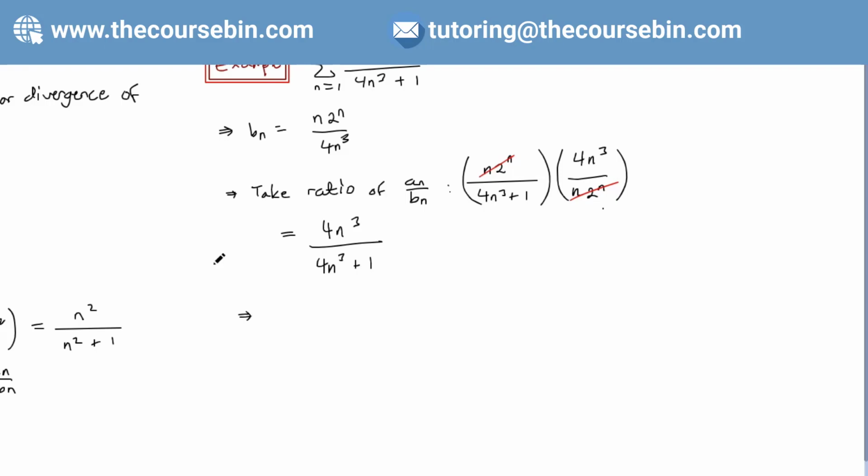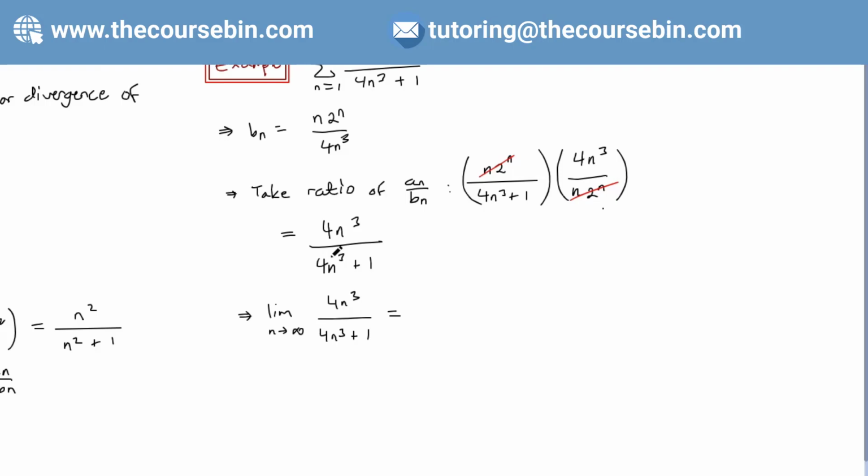All right, so what would be our next step? To take the limit of our new ratio. So we're going to take the limit as n goes to infinity of 4n cubed over 4n cubed plus 1. And what do we get here? So we're taking it to infinity, so it would be infinity over infinity, right?